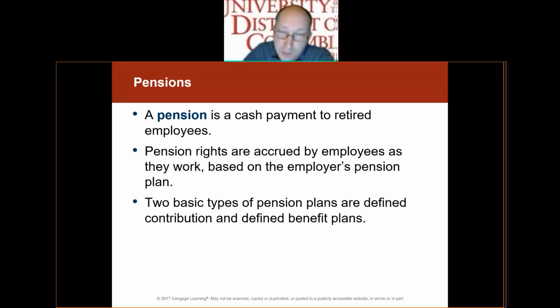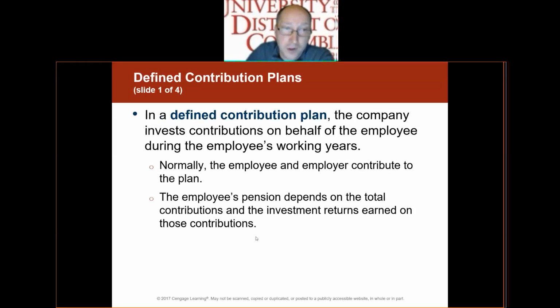Two basic types of pension plans. There's a defined contribution plan and a defined benefit plan. Those are the two types. A defined contribution plan is where the company invests contributions on behalf of the employee during the employee's working years. Normally, the employee and the employer contribute to the plan. It's like matching, right?